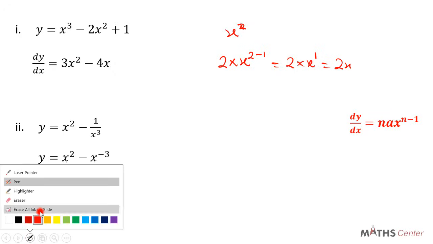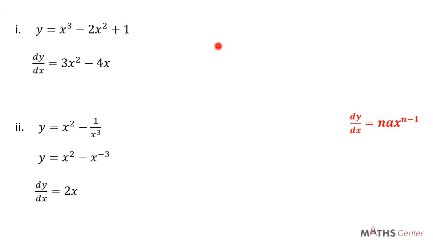Let's look at the next term. The next term is negative x exponent negative 3. Okay. When we apply the general rule here, the negative 3 will drop, so we have negative 3 times negative x. Then we will subtract 1 from the exponent, so that will be negative 3 minus 1.